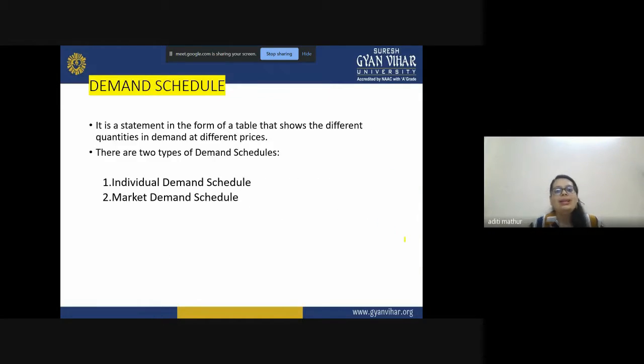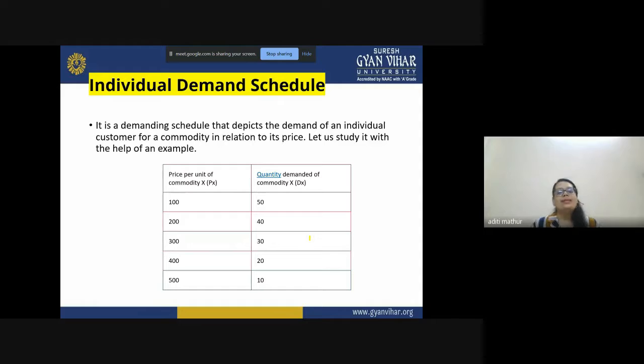The demand schedule is further divided into two parts. One is your individual demand schedule, and the other refers to your market demand schedule. Let us first understand what we mean by individual demand schedule.